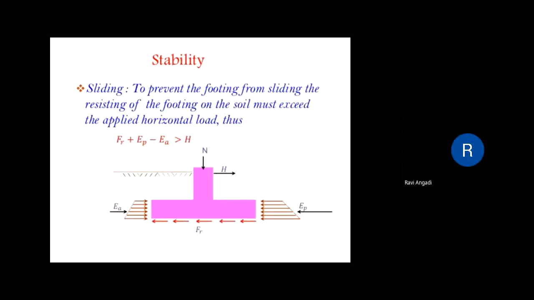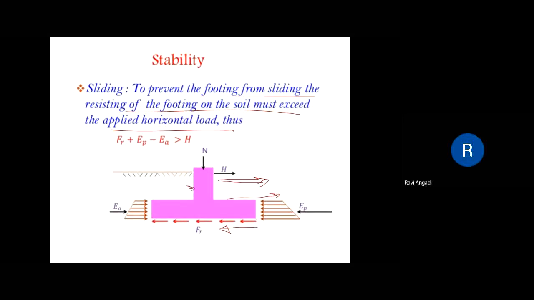So here, just look at sliding. To prevent the footing from sliding, the resistance of the footing on the soil must exceed the applied horizontal load. It means whatever the load is acting here. So if you are applying the load in this direction, the footing should not move in this direction. It should resist. Okay.